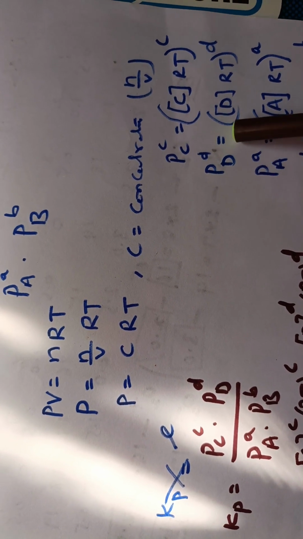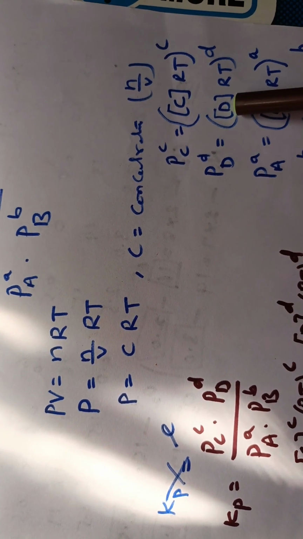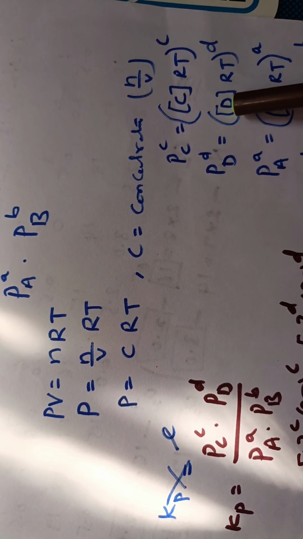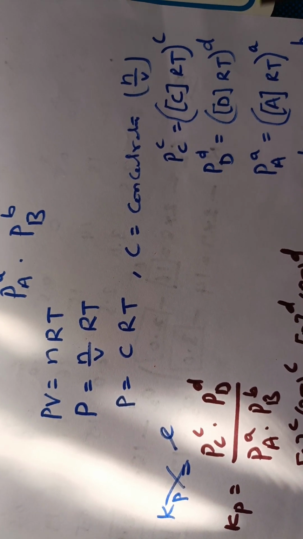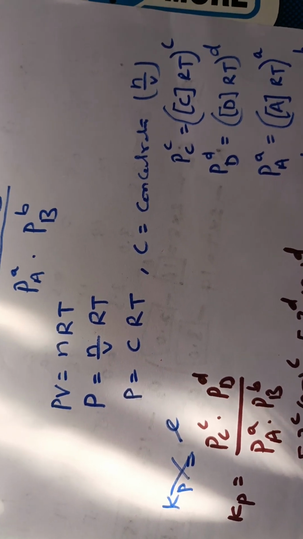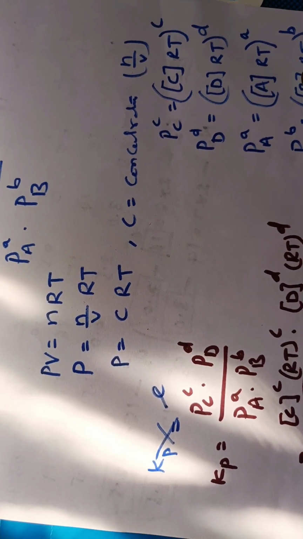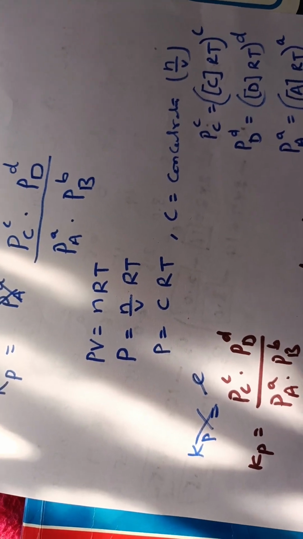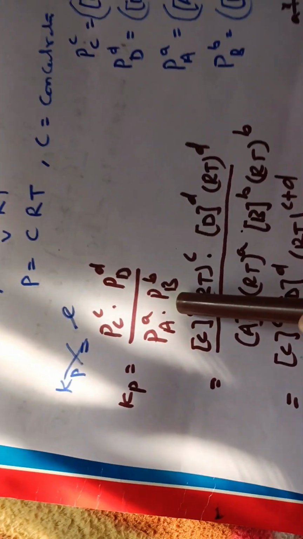Pressure of D equals D concentration, square brackets and in the square brackets d, RT with power d. Like this we have to write, and these values we have to substitute in this equilibrium constant equation.